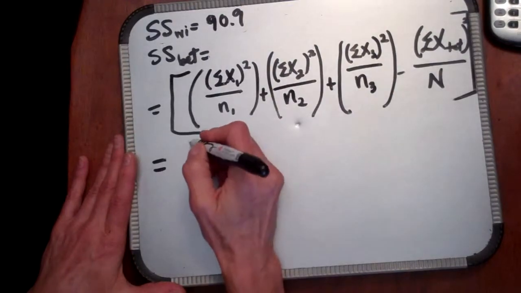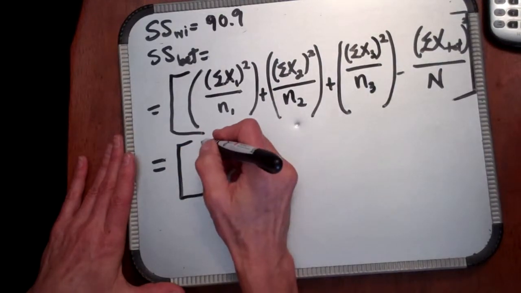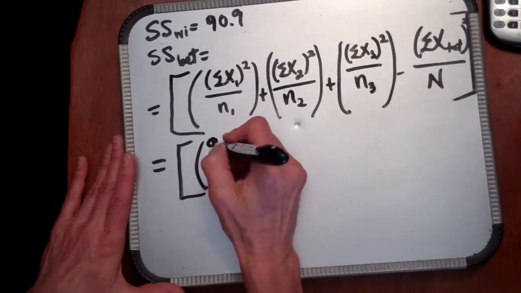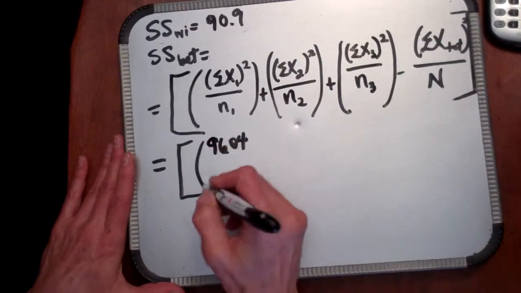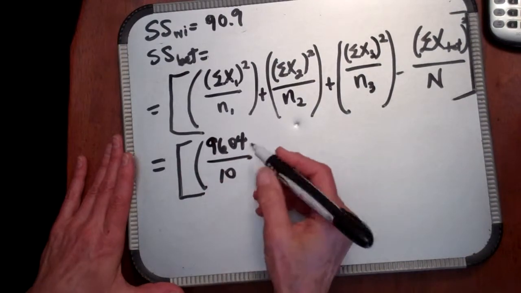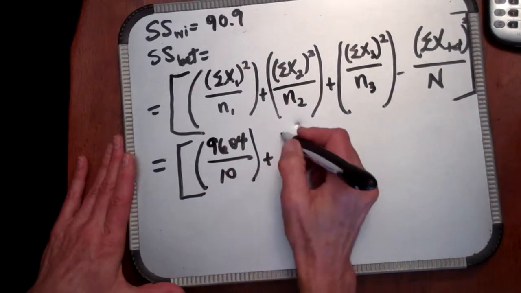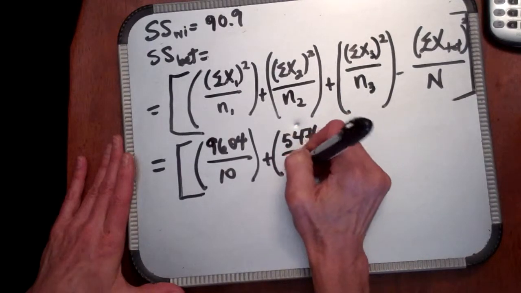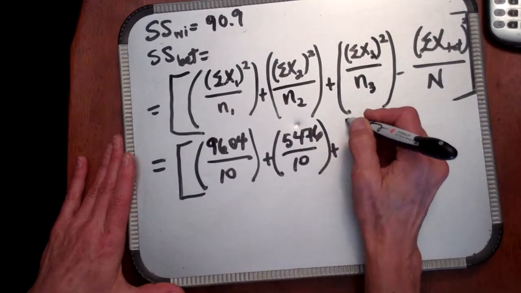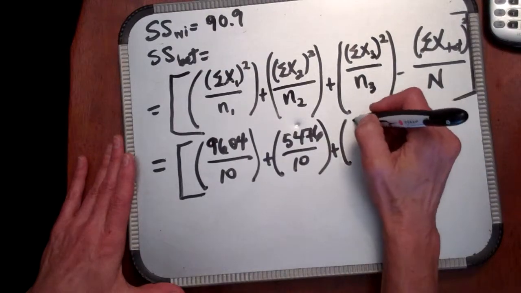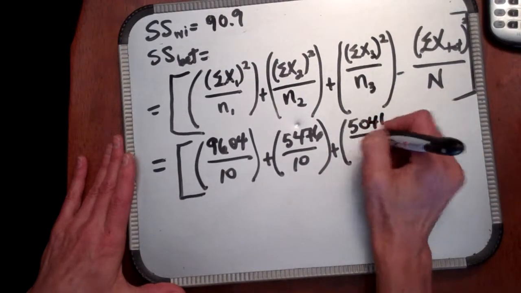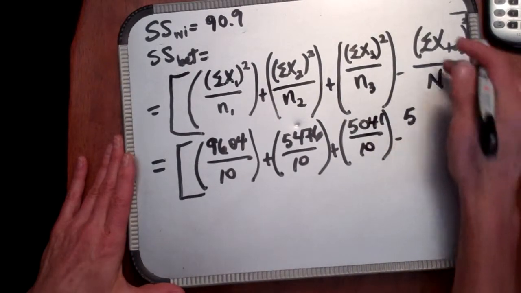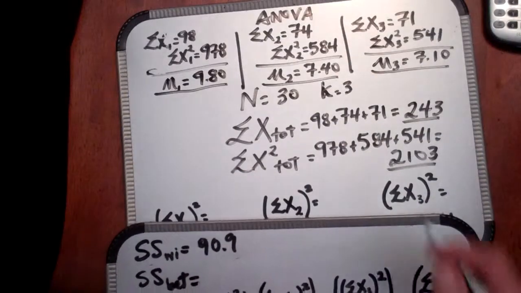So we have, using the values that you have in front of you, that we could also get from the previous board, 5,476 divided by 10 plus 5,041 divided by 10 minus, and this sum of the x's total we had over here.